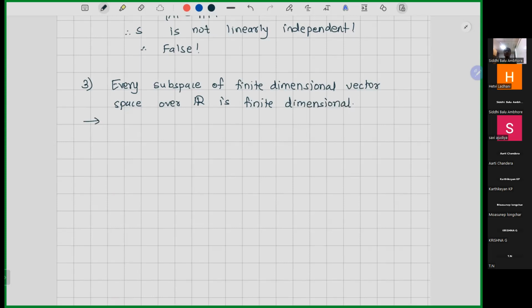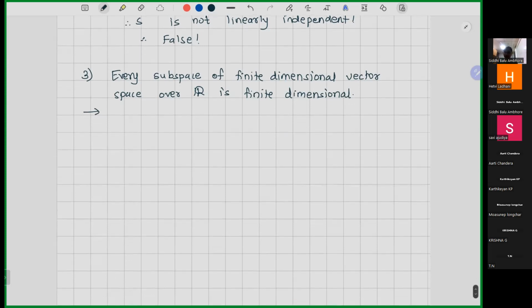What is your guess here? Any guesses? In short, V is a vector space over R, and W is a subspace of V. Then what I'm asking is, what is the dimension of W?